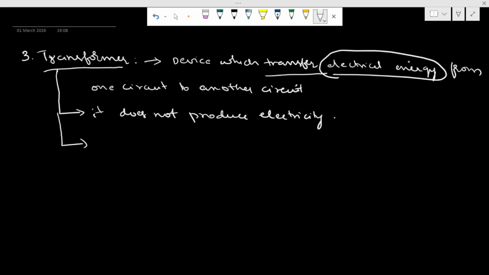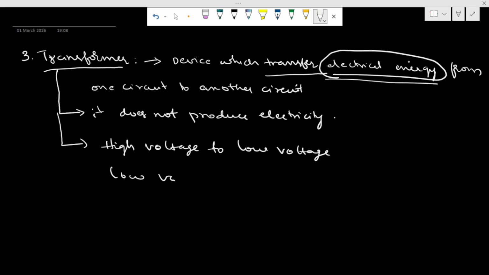It can only transfer the electrical energy from high voltage to low voltage, or low voltage to high voltage.